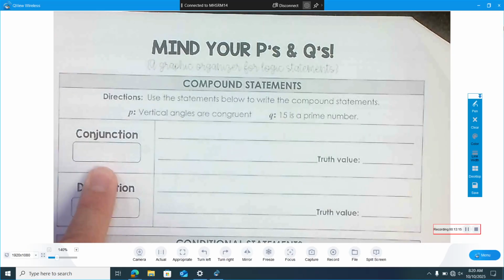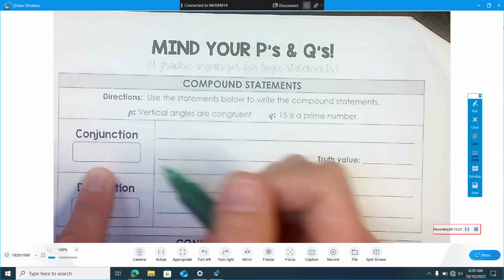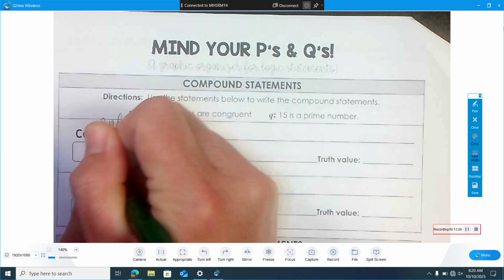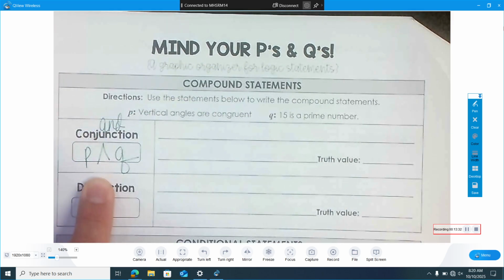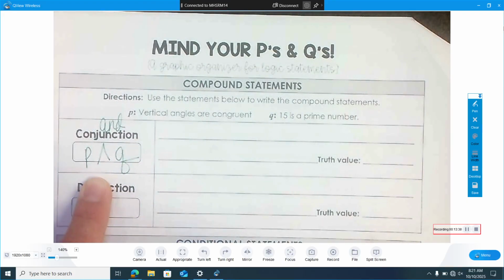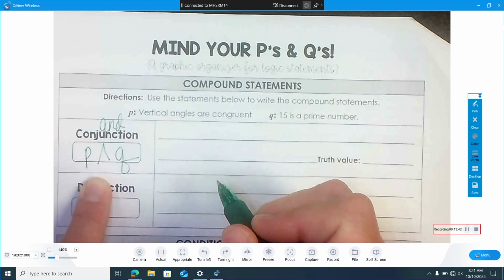What is a conjunction? Two things combined with what word? And, an and statement. So P and Q would be a conjunction. All right. And so what should I write for my conjunction statement? Vertical angles are congruent?